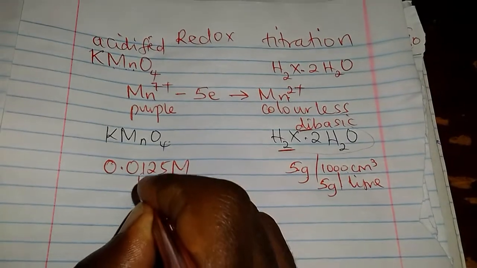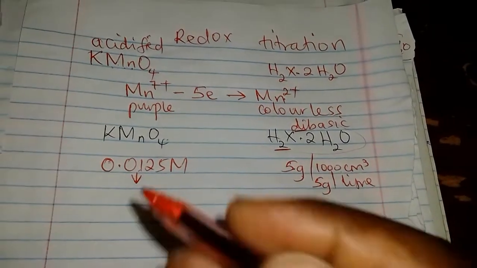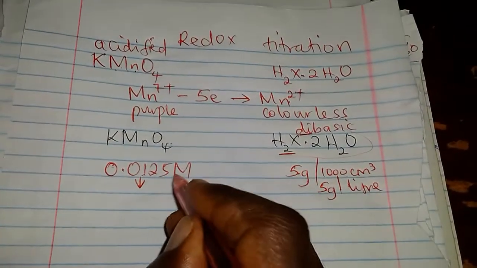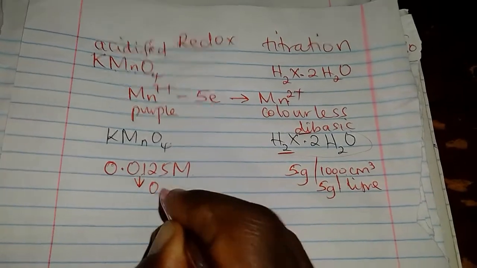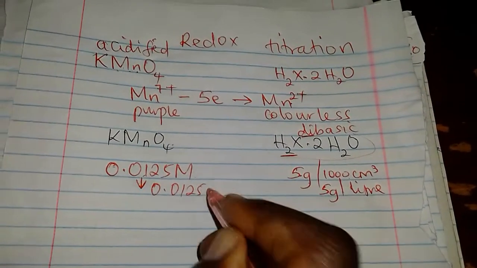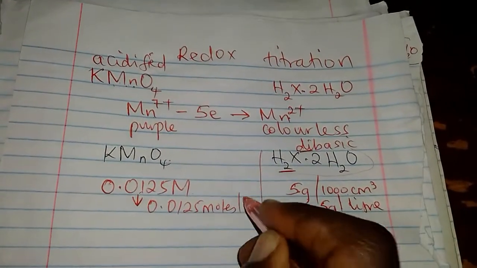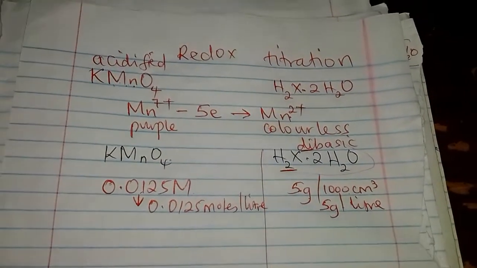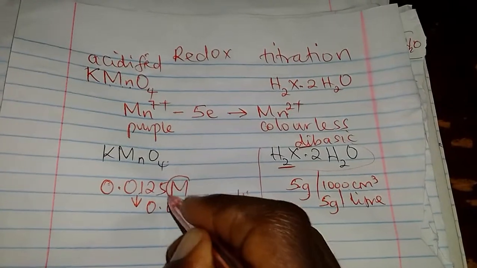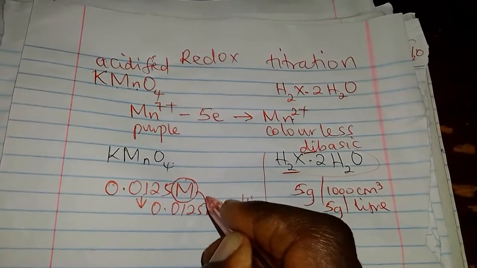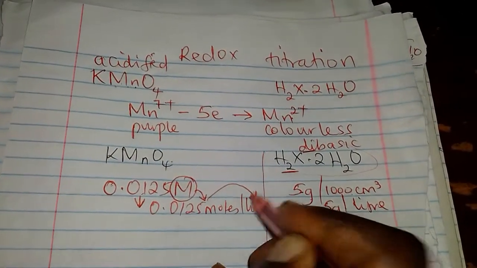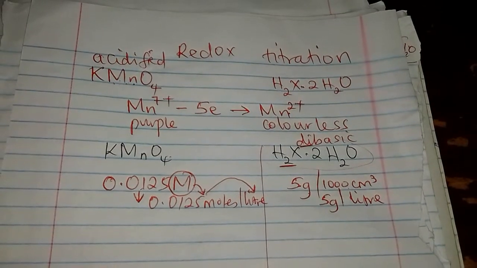So you can say 0.0125 molar, or 0.0125 moles per liter. This capital M symbolizes the number of moles in a liter or 1000 centimeters cubed.